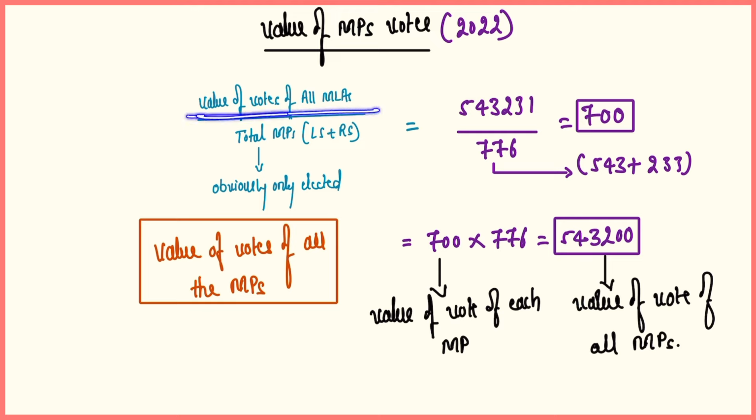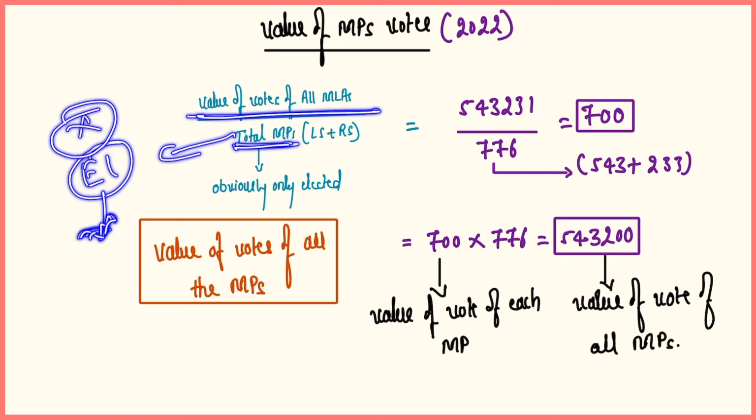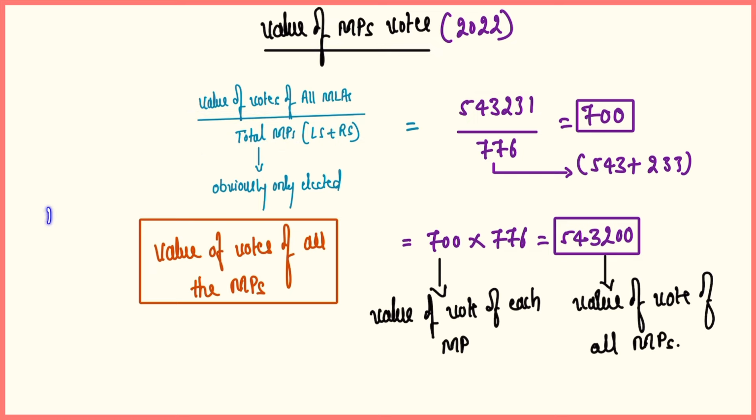Divide this by total MPs. Here we take only elected MPs. Nominated ones we do not count, because nominated MPs do not take part in the election of the president. Similarly, nominated MLAs also do not take part in the election of the president, and MLCs do not take part in the election of the president, right?